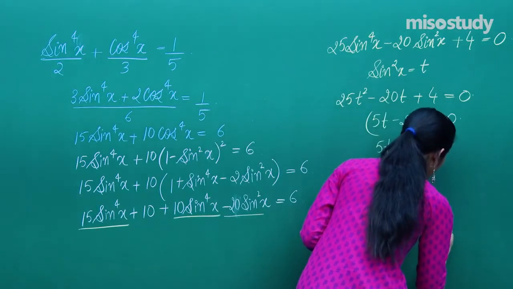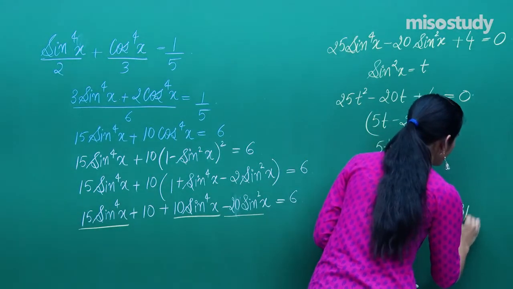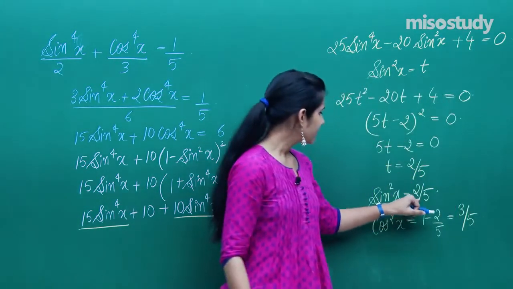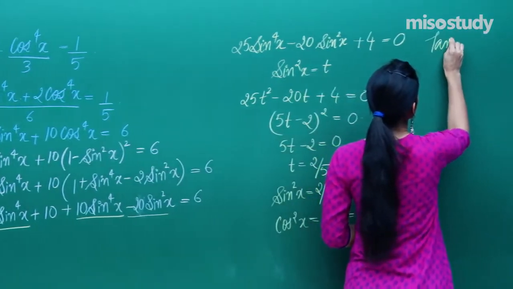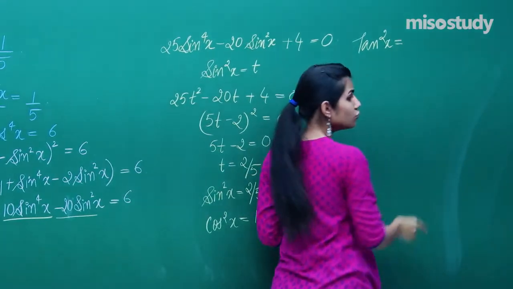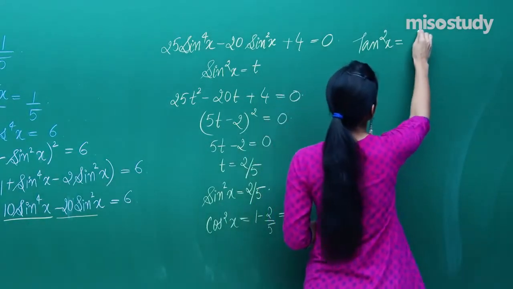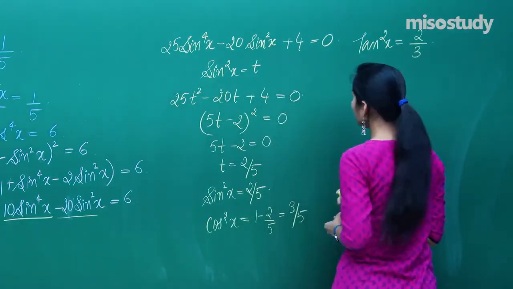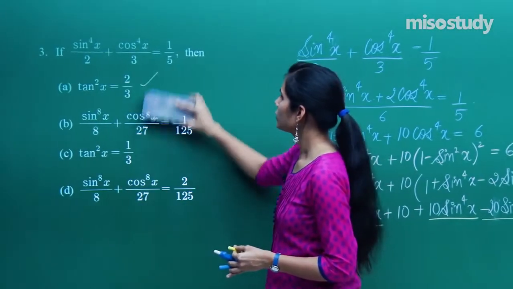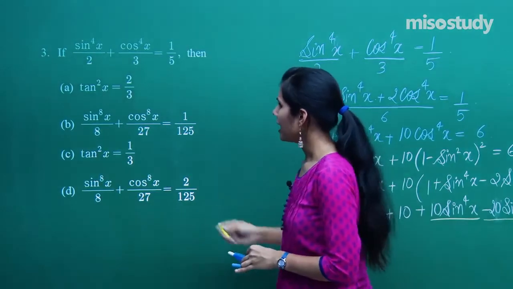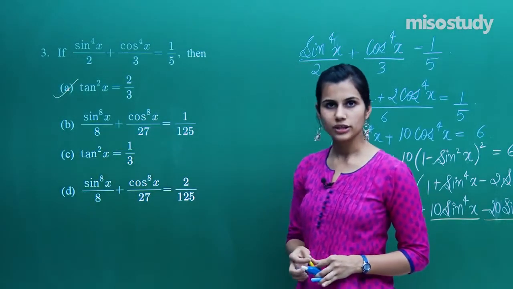So 1 minus 2 by 5, which is 3 by 5. If sine square x is 2 by 5, cos square x is 3 by 5, tan square x is 2 by 5 upon 3 by 5, which means 2 by 3, and therefore you have your answer that it is not equal to 1 by 3, but in fact it's equal to 2 by 3.